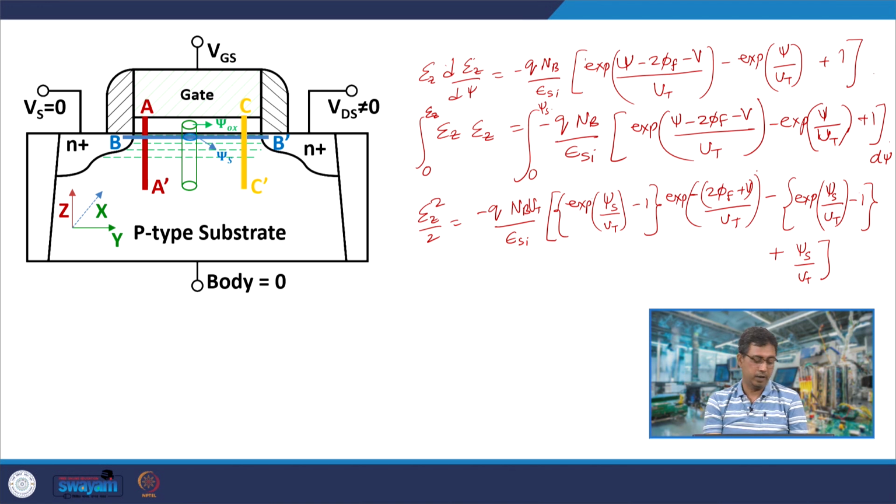This is what you get. Now, if we look at this, this is because of the electrons' contribution, and this is because of the holes' contribution. And this is because of the ions, acceptor ions in this case, dopant ions.